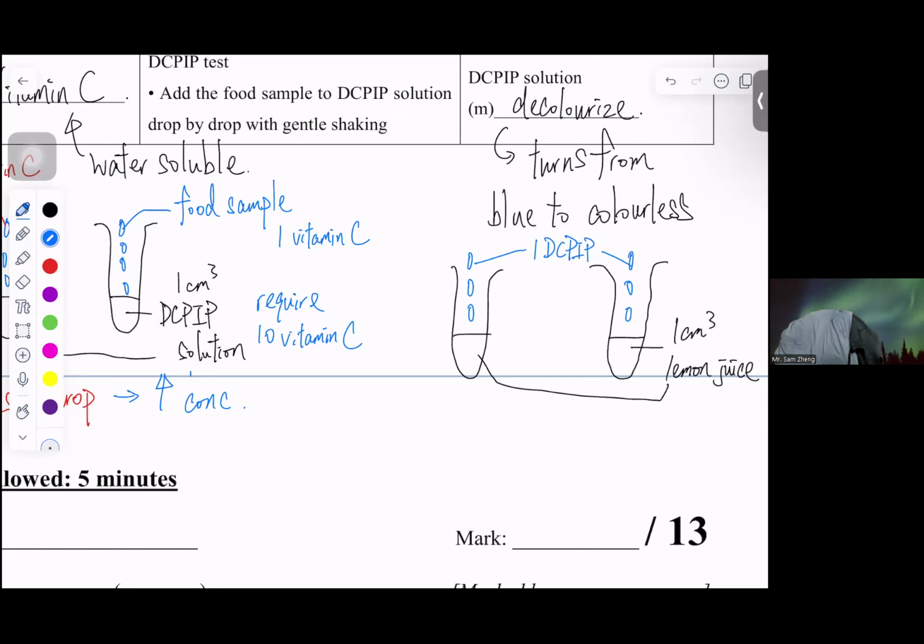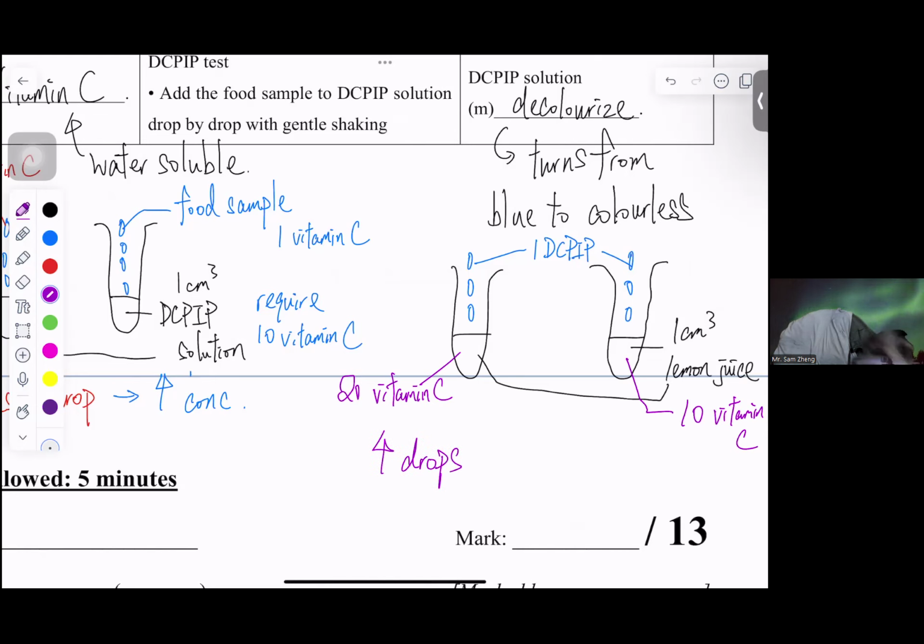But the lemon juice contains 20 vitamin C, while this other solution may only contain 10 vitamin C. So the more drops of DCPIP solution that we add, the higher the concentration, because the concentration of the DCPIP is fixed for each drop.